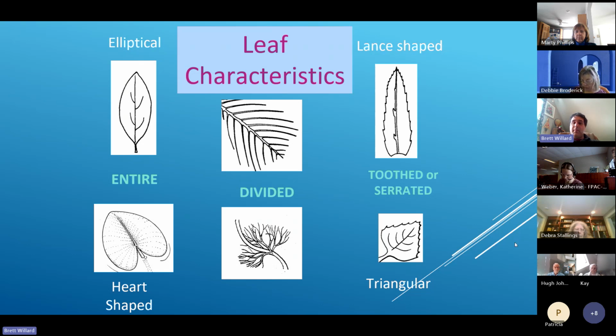And there's also, in the middle, our divided leaves. Our finely divided leaves break off into what look like little leaflets. They can be shaped like a feather, like a fork, or like a branch.